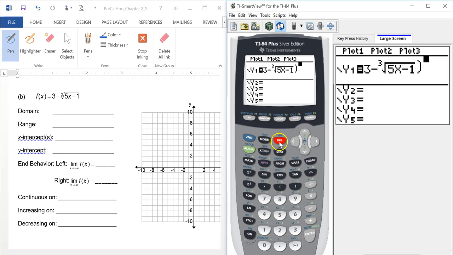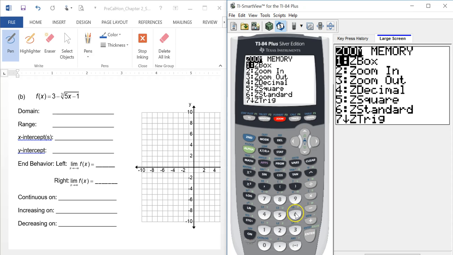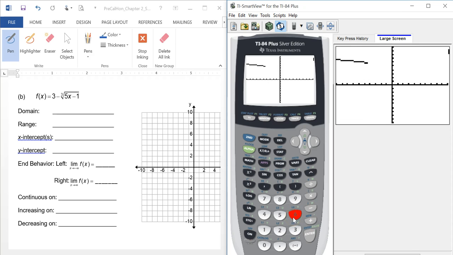So this is the next function we're graphing. I actually don't need the parentheses here. Zoom 6. Now this is a cube root with a translation, all right?